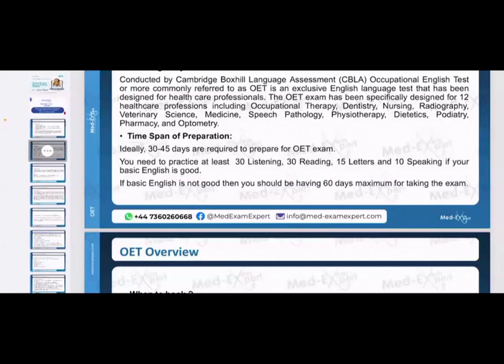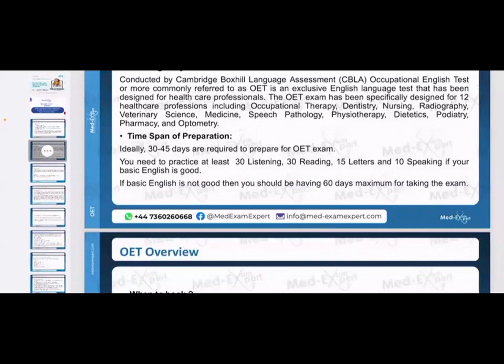It is an exam of your language. So if you are good in speaking, writing, and understanding English, then you are good to go to prepare for this exam in just 1.5 months. You need to practice at least 30 listening tests, 30 reading tests, 15 letters, and 10 speaking modules if your basic English is good.